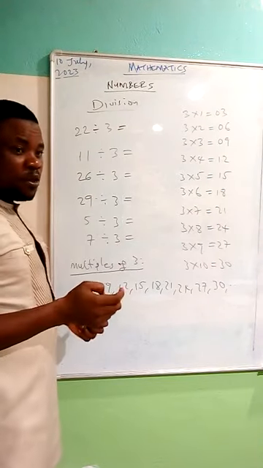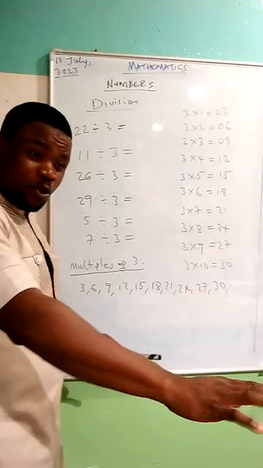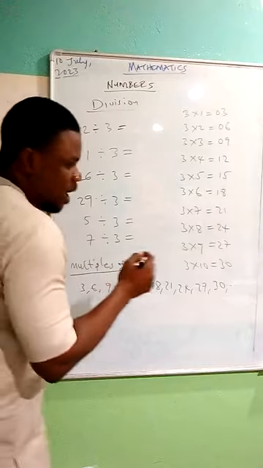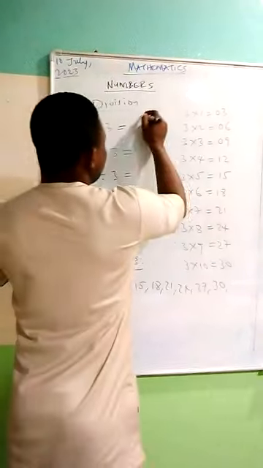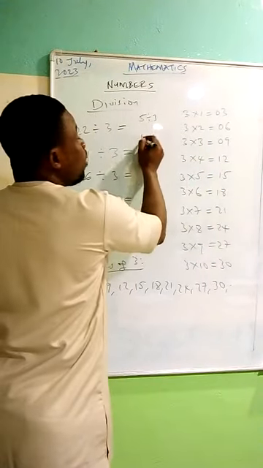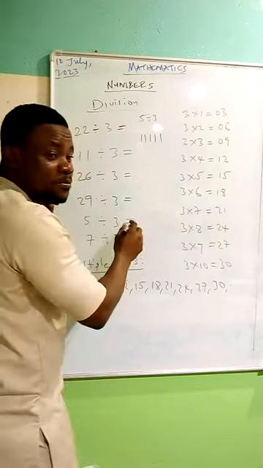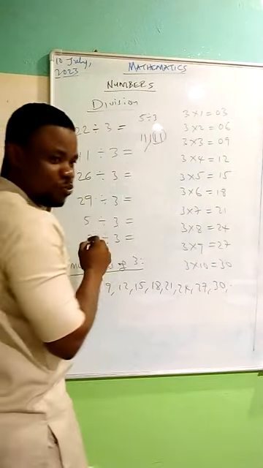Let me show you something, let's go back to when we were in the lower classes. If I were maybe in grade 1, and the teacher had given me 5, for example, I should divide 5 by 3. I'll count 1, 2, 3, 4, 5, and then I'll say 1, 2, 3, I take 1 out, remaining 2. You get what I'm saying?